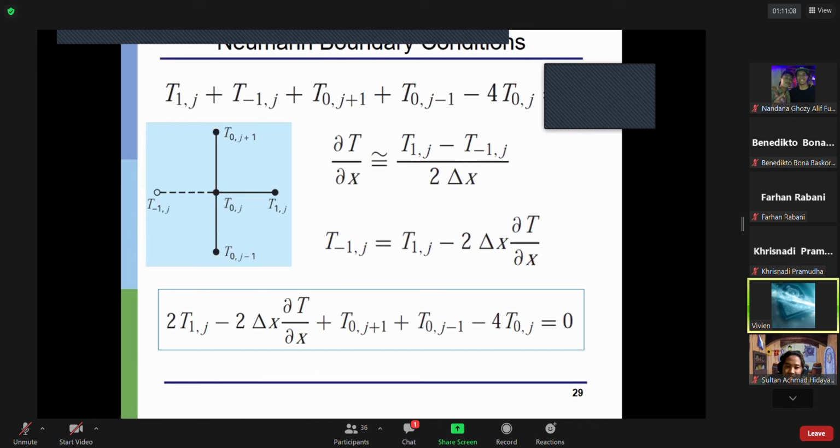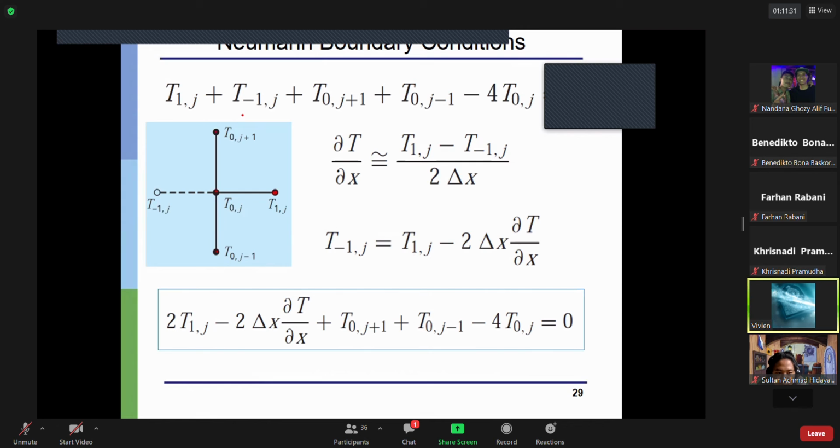Okay, so this is to calculate the secondary variable. And if we apply the Neumann boundary condition as before, that means we apply the heat flux. So we will see here that we have a special treatment for the boundary. When we have a boundary node, it means the node is starting from the boundary to the interior point.